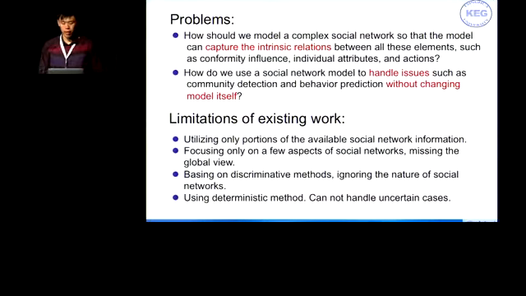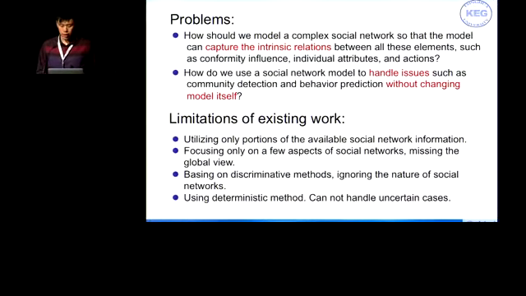There are many existing works on these problems. However, the results are not quite satisfactory due to the following limitations. First of all, most existing work only partially utilizes the information available on the social network. For example, most work views the social network in a static form, ignoring the dynamic actions of users.